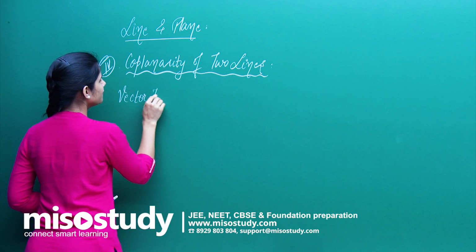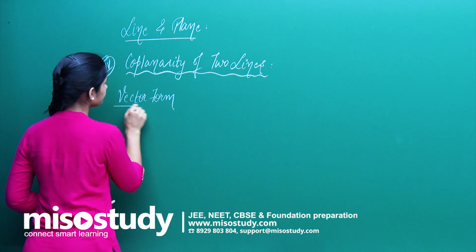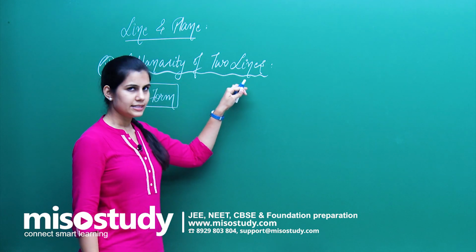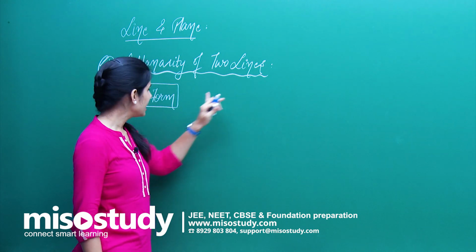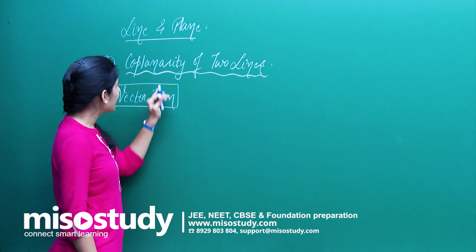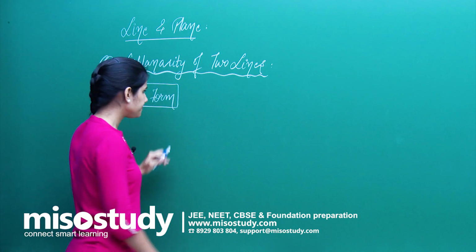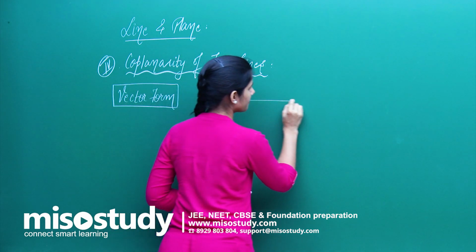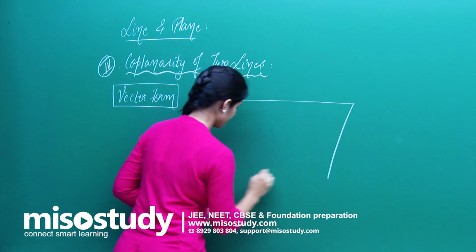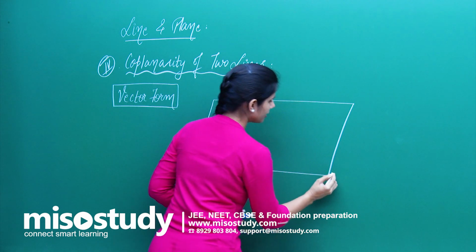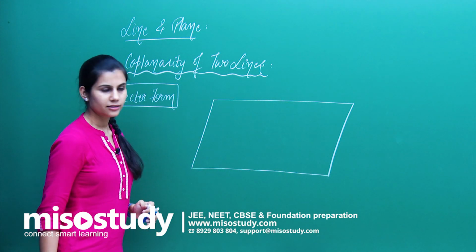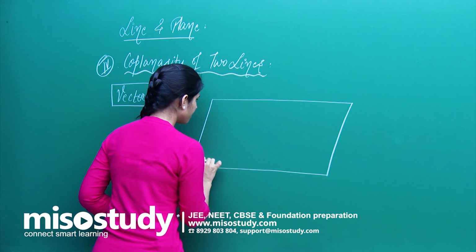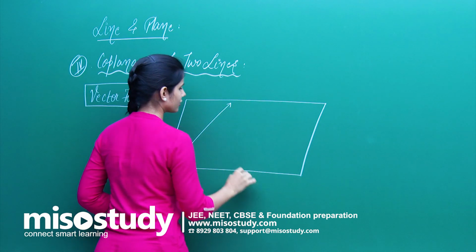Talking about the vector form conclusion, we were talking about two lines whose equations are given to you in the vector form to be lying in the same plane. Suppose I have a plane with me, any plane, inside which both these lines are lying.